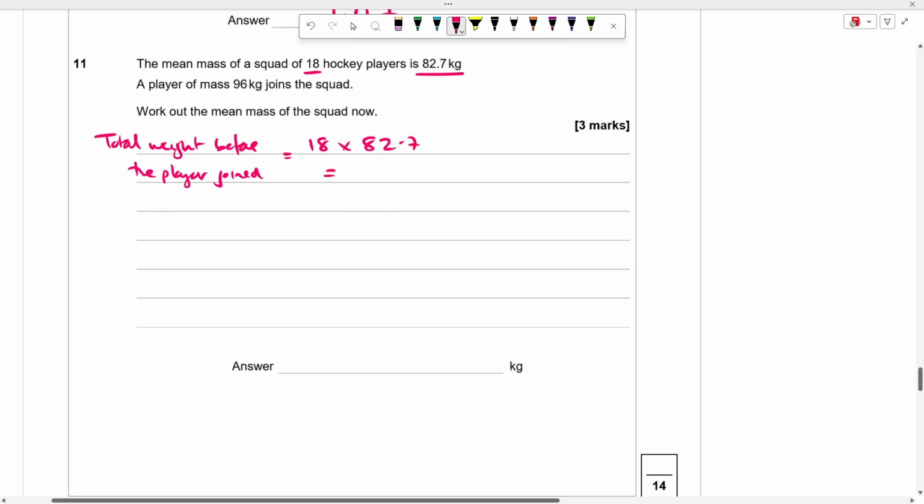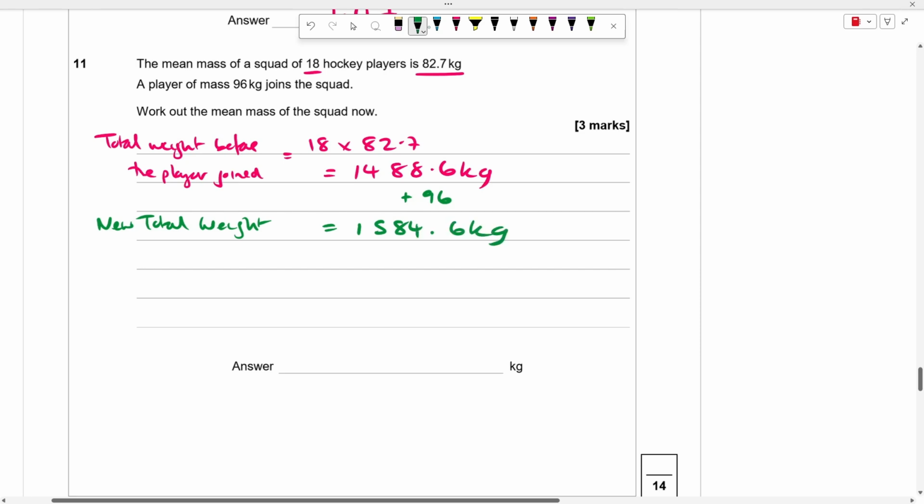So that's 18 multiplied by 82.7. If I work that out on my calculator, I get 1488.6 kilograms. Now to get the new total weight, I need to add 96 kilograms to that answer, which gives 1584.6 kilograms.